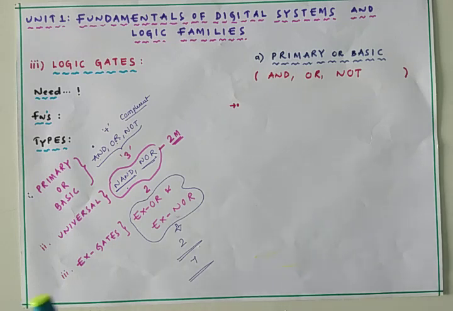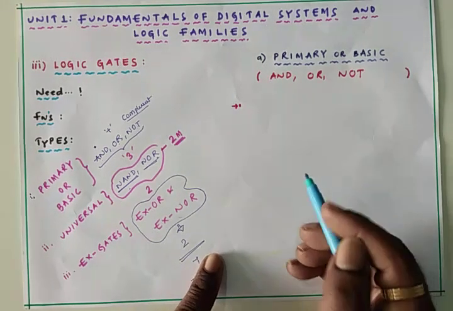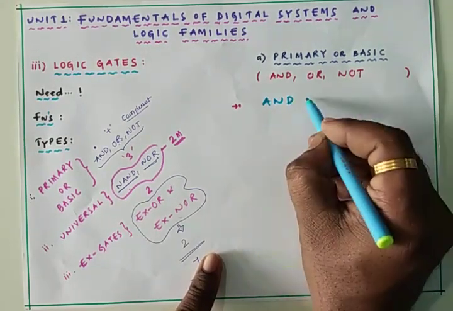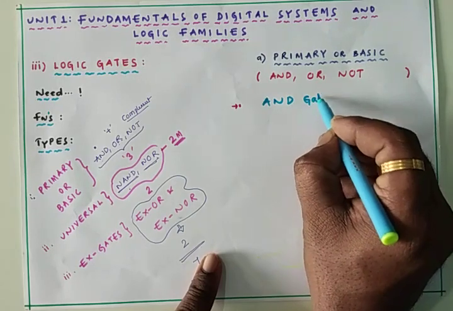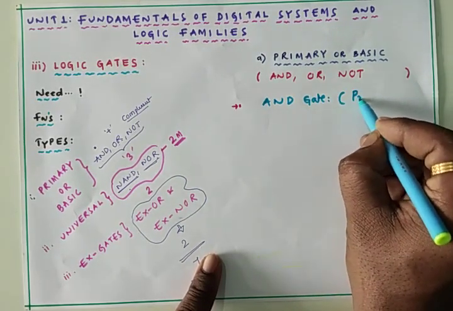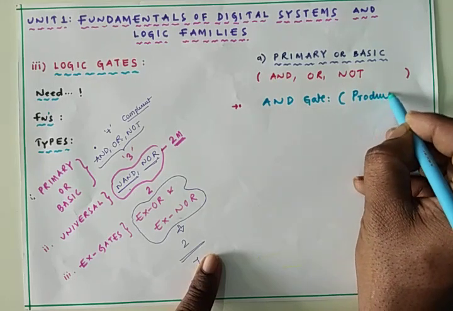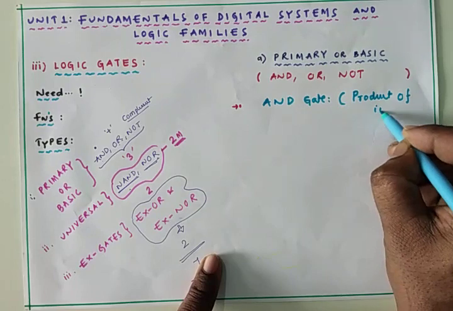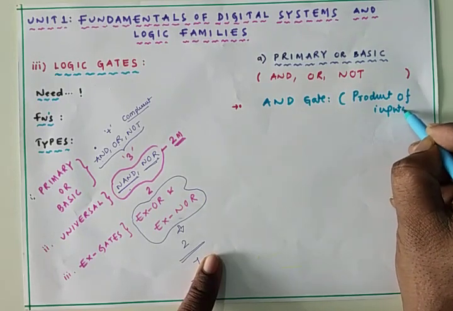We discussed one primary gate in the previous class. Anyway, I am going to review that one particular gate, the AND gate, now. The first gate in the primary gates is the AND gate. As we have just discussed, the AND gate is used to provide the product of input signals. The output of the AND gate is nothing but the product of the input signals.